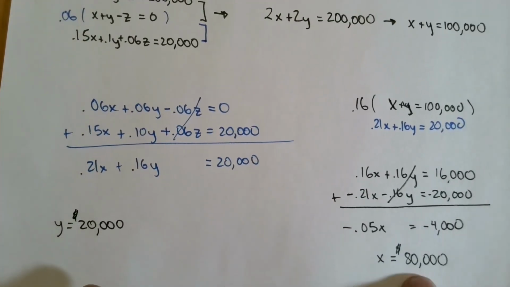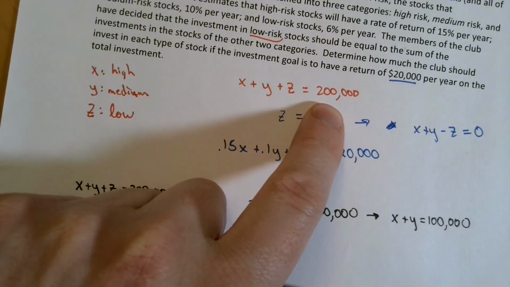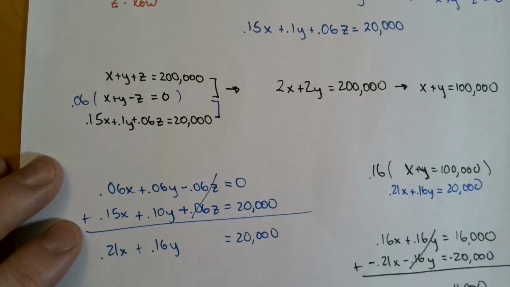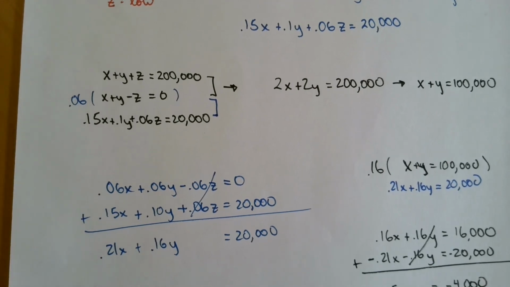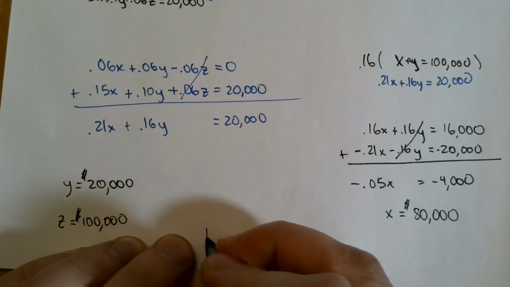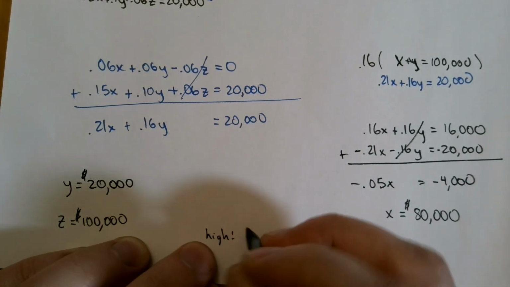Now we've got 80,000 and 20,000, and we know they have to add up to 200,000 with Z. So that means Z has to equal 100,000. Again, I'll leave the proof to you as a student. So we should probably write this out contextualized.